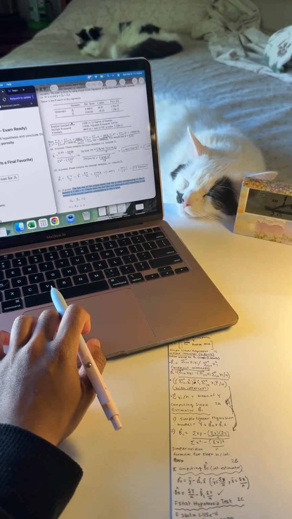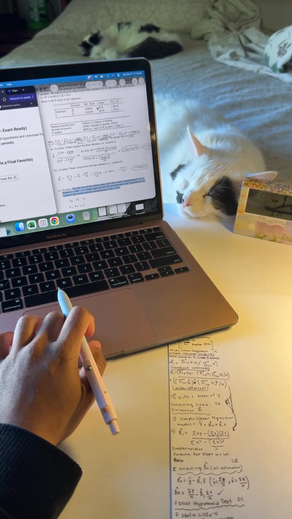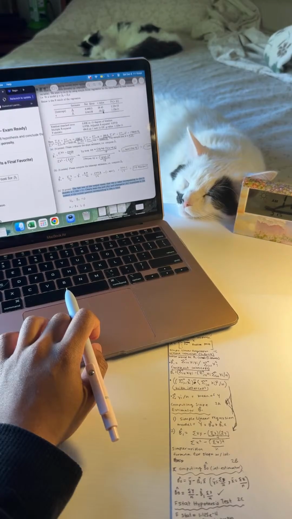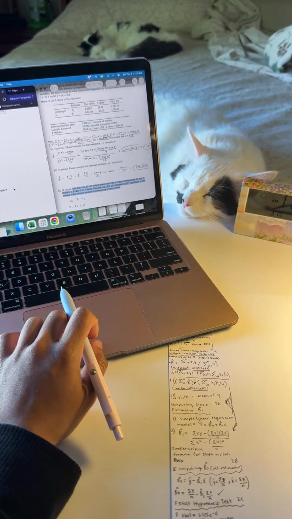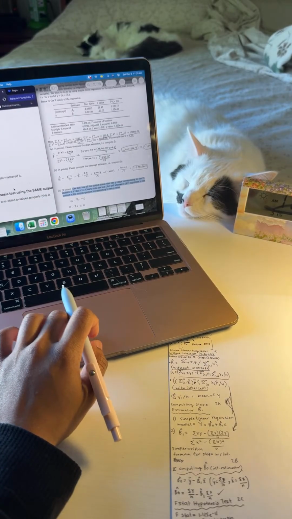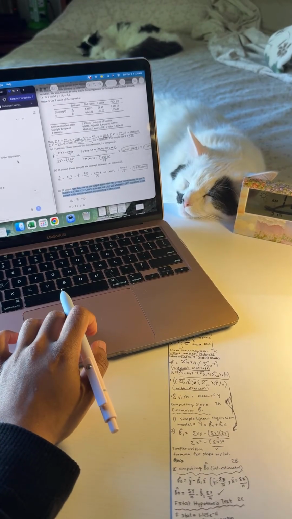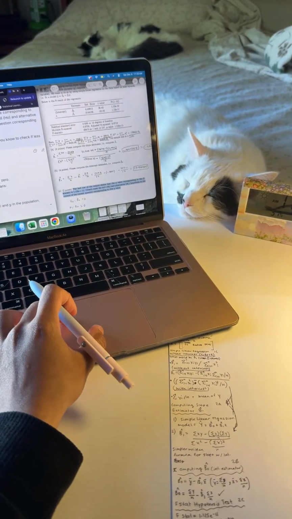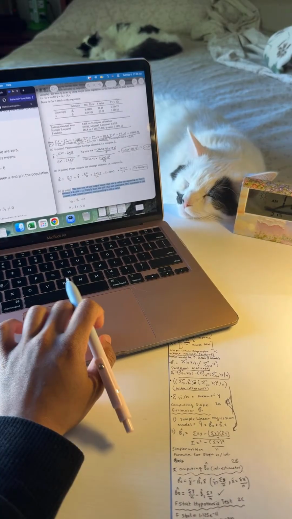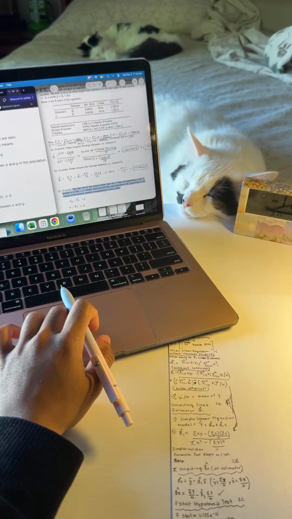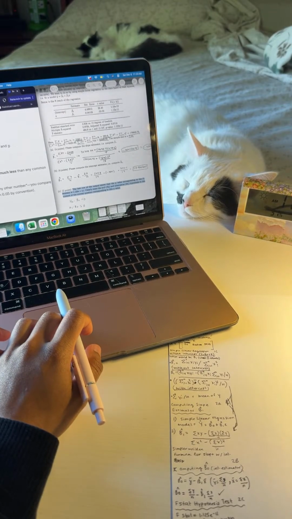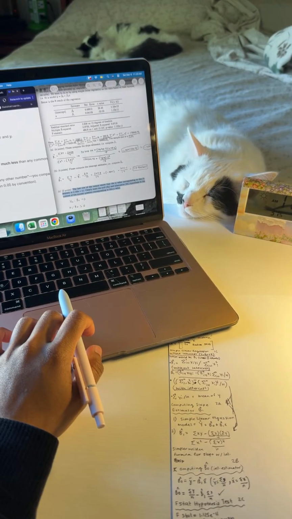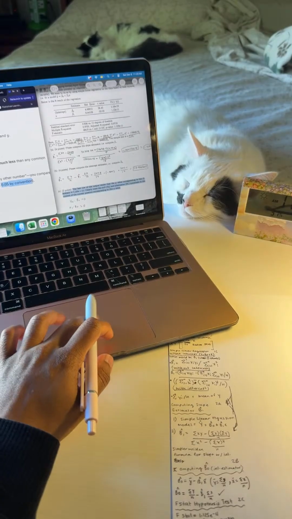T-test for beta 1. Often 0.05 by convention.